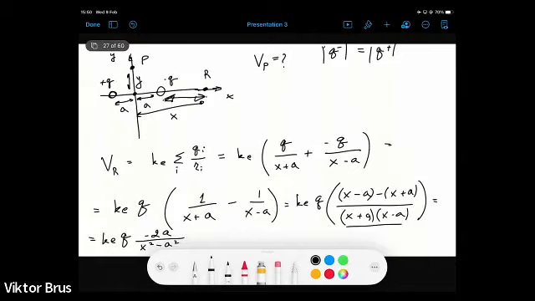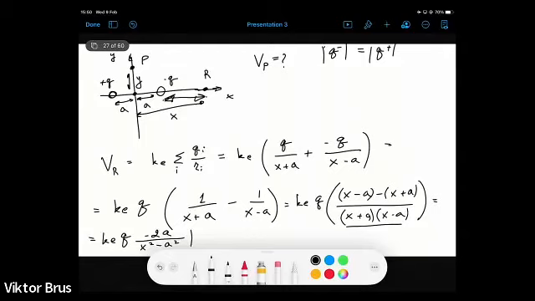So this is the way we calculate electrostatic potential at points located around a system of point electric charges, in this case just two electric charges. So we have shown how this can be done.